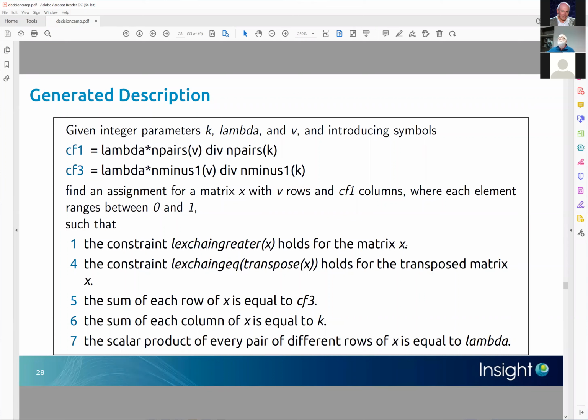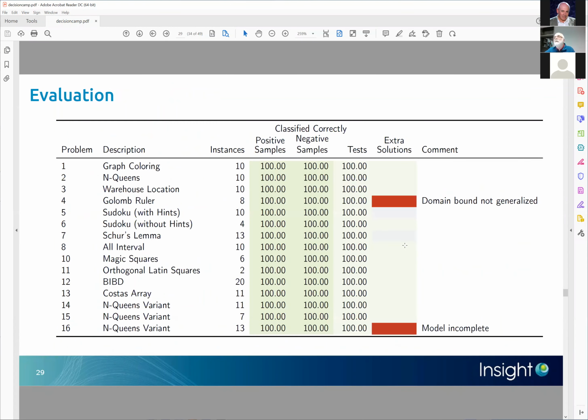And okay, how does this work on the problems that we were given in the challenge? Here we have 15 of these problems, and what you can see is that we are very, very good at classifying the examples, the positive and the negative samples, and the tests. We achieve 100% accuracy on that.